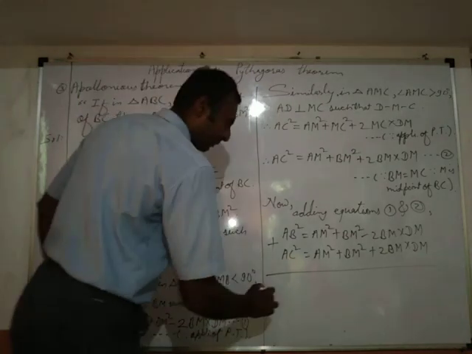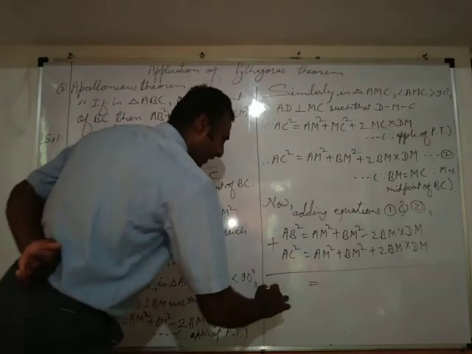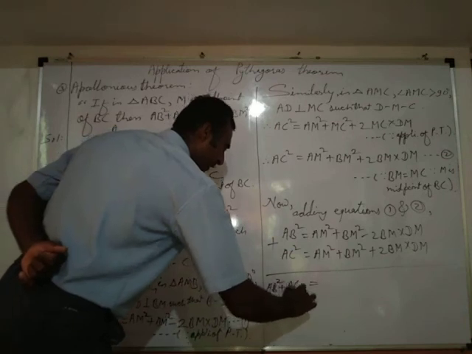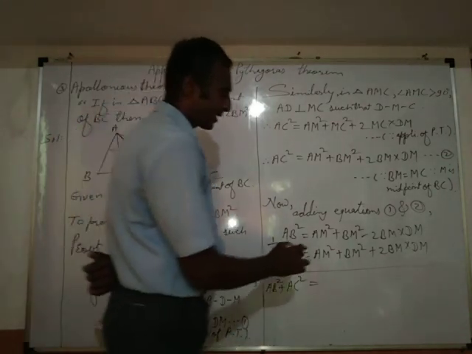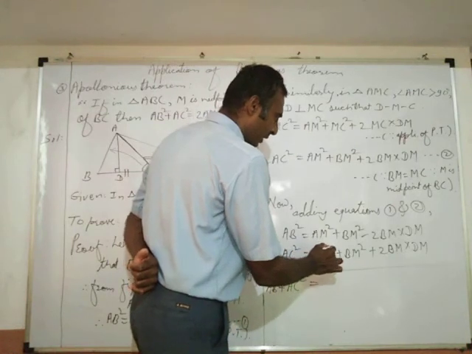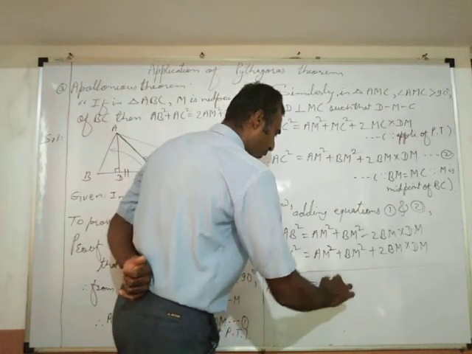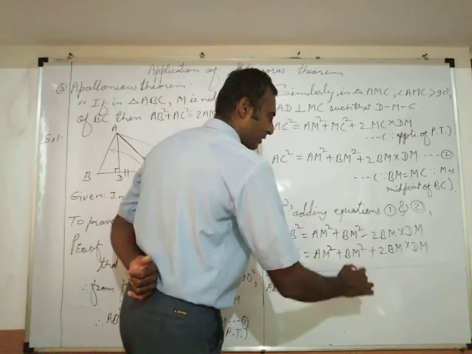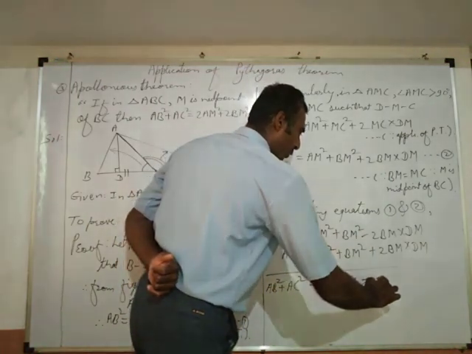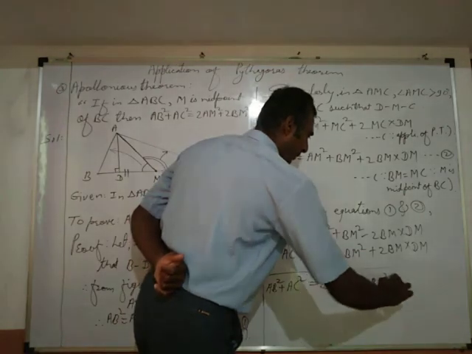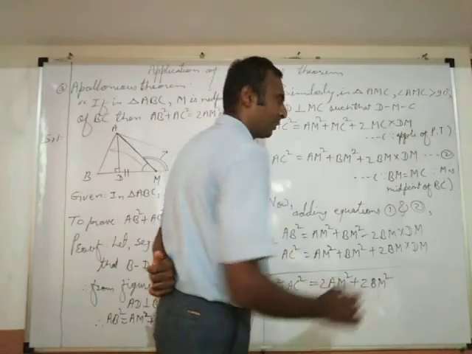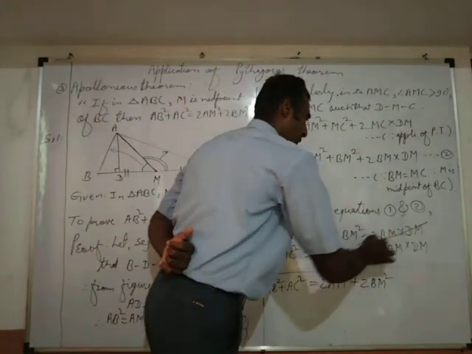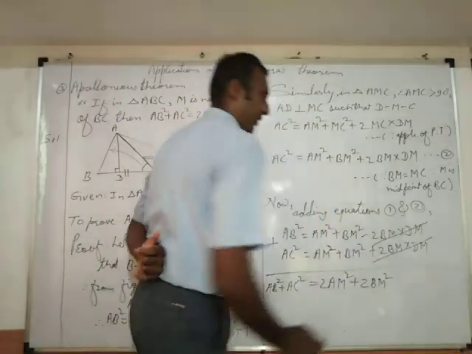Therefore at the left of the equal sign there will be AB square plus AC square. At the right side, AM square plus AM square gives us 2AM square, plus BM square plus BM square gives us 2BM square, and minus 2BM into DM plus 2BM into DM will cancel each other.